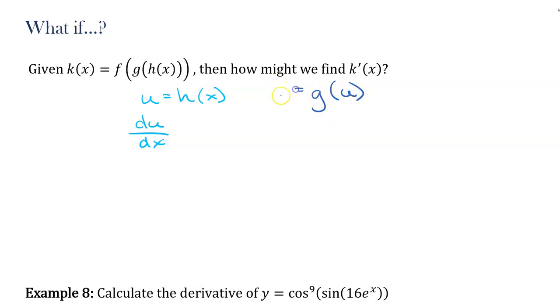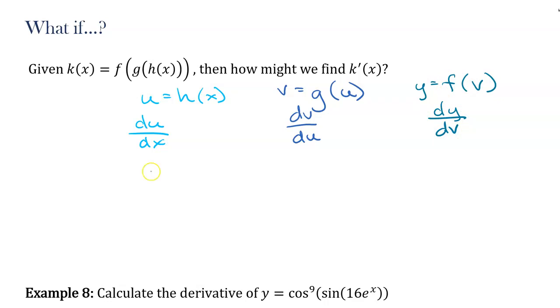So we need another variable. So let's say v. So that would be dv du. And then that would give us f of v, right? And that f is finally at the outside. So we could call that y. So that would give us dy dv.